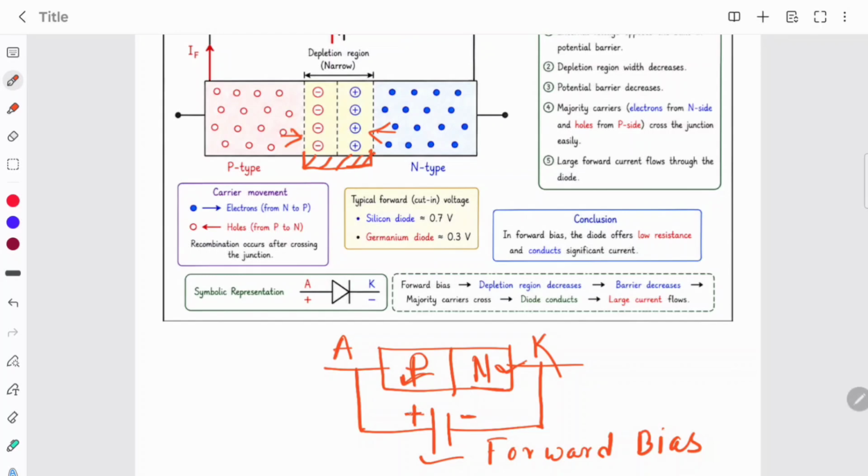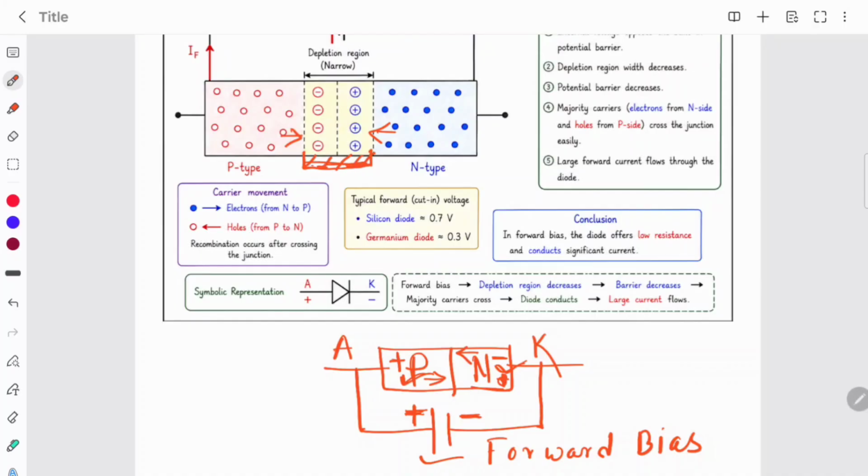The positive terminal and the positive charges here repel each other, creating a force in this direction. The negative terminal and the negative charges here also repel, creating another force in that direction. These forces create an external field that opposes the junction barrier.